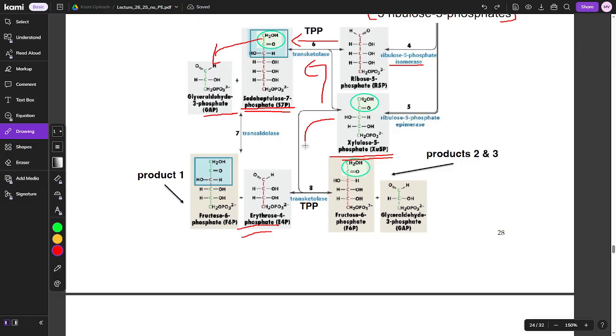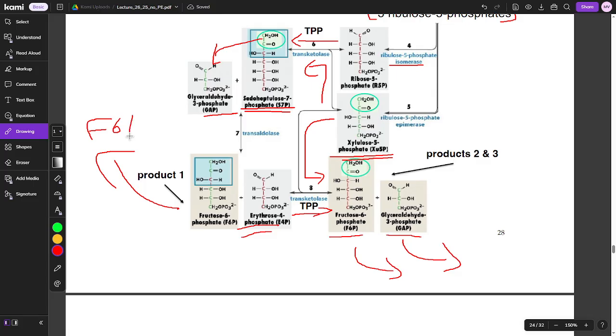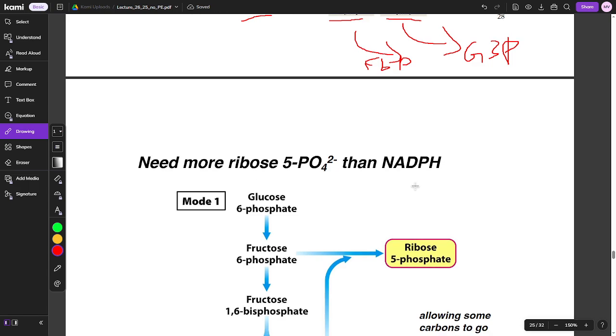So now we're going here, and an erythrose 4-phosphate. These are 9 carbons in total to make a 6-carbon sugar, fructose 6-phosphate, and a 3-carbon glyceraldehyde 3-phosphate. These both go into glycolysis. So we have a fructose 6-phosphate, an F6P, an F6P, and a G3P that all go into glycolysis, essentially.